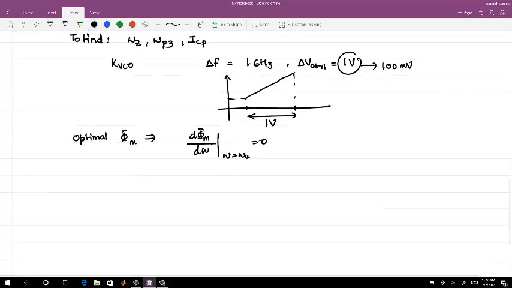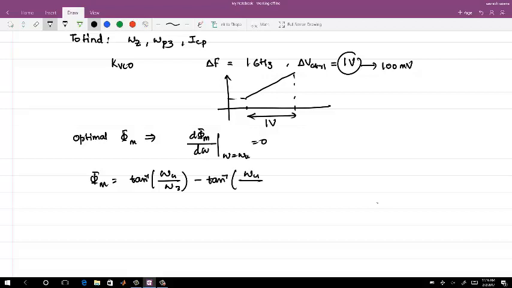So now see what this condition leads to. So your phi m is equal to tan inverse of omega u by omega z minus omega u by omega p. Right now I'm writing with respect to omega u because we are evaluating at omega u.